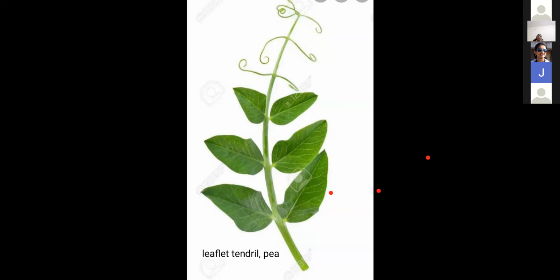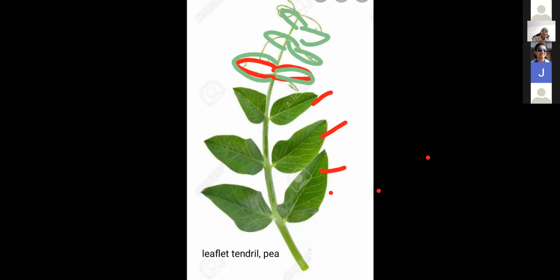Just imagine that initially there are green leaflets, and in the same way here these leaflets are there.